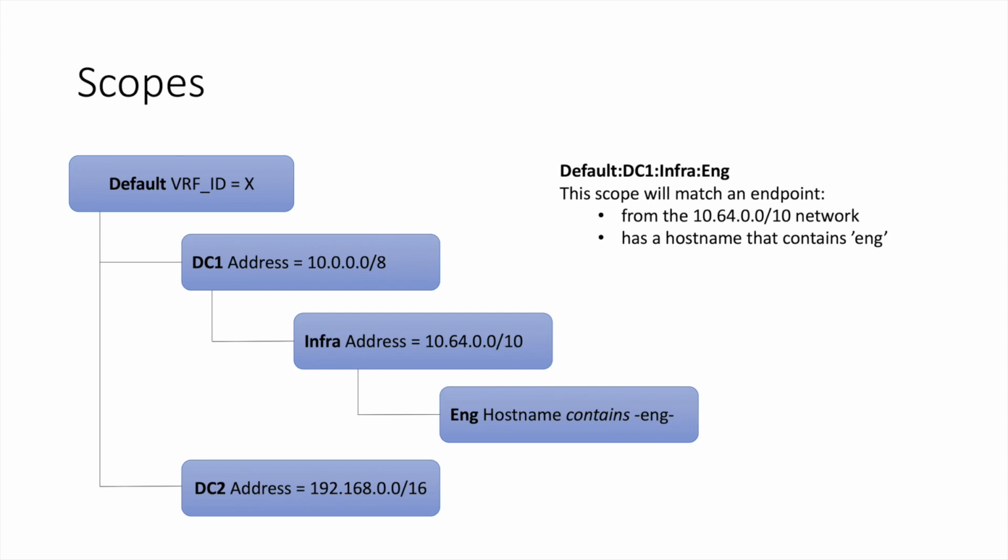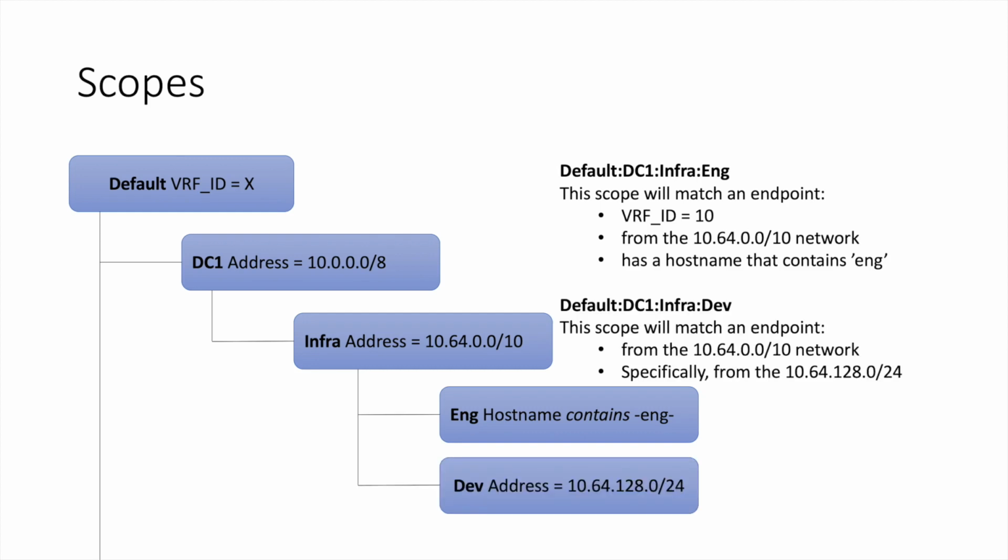So now we have created a scope at the top that is default DC1 infra eng. Within that scope, an endpoint has to be within that 10.64 network, and it has to have a host name that contains ENG.